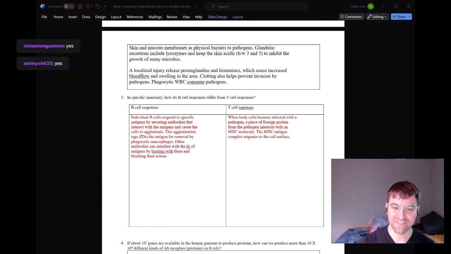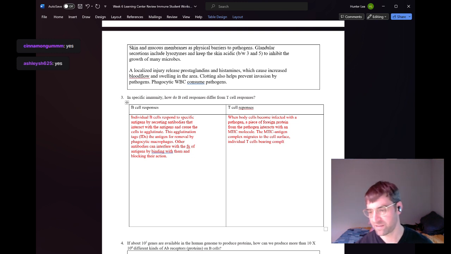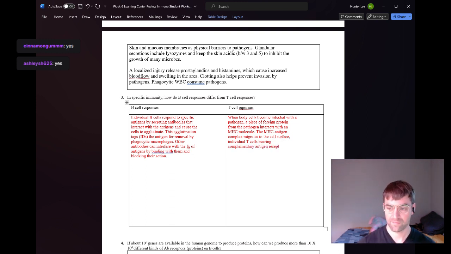Sorry, I got reading the next sentence and totally lost my train of thought. Individual T cells bearing complementary receptors interact or bind with the antigen displayed on the MHC.